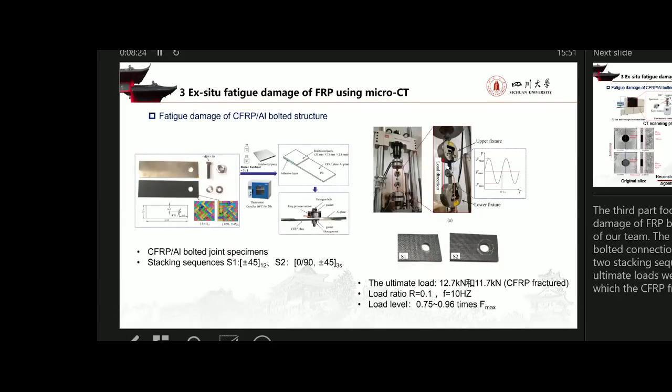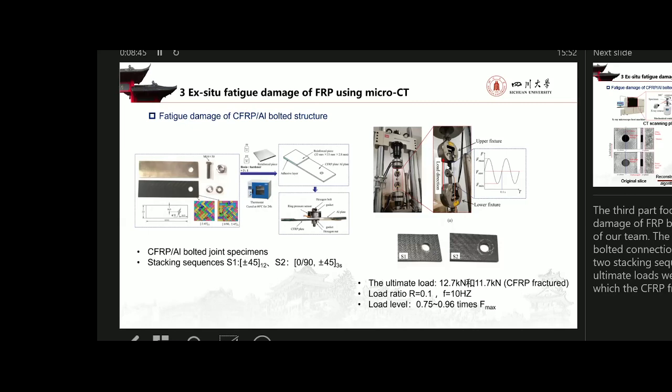And then we do some fatigue damage analysis using the CT technology. These are FRP and aluminum bolted joint specimens. We make two sequences and do the fatigue test.